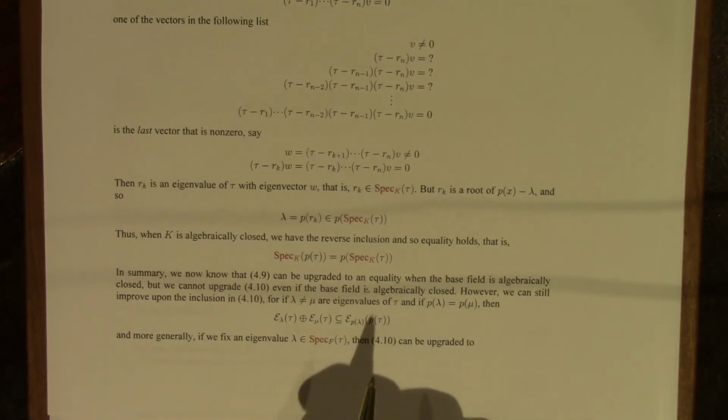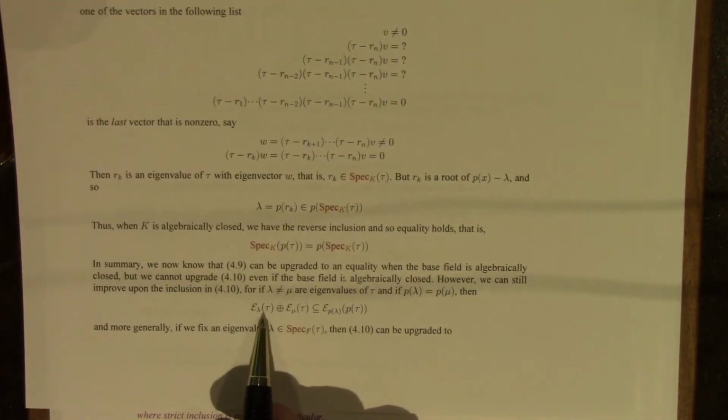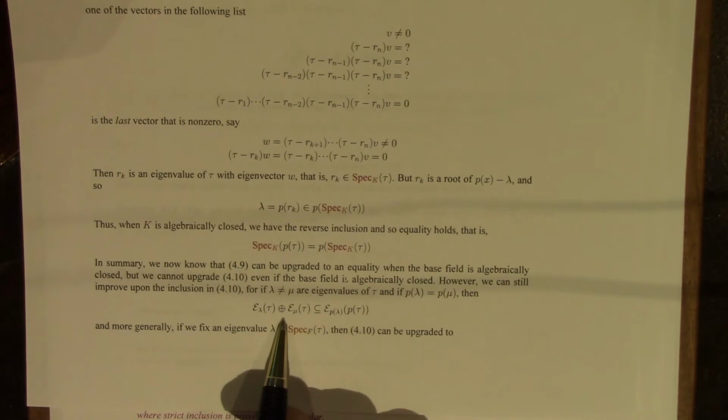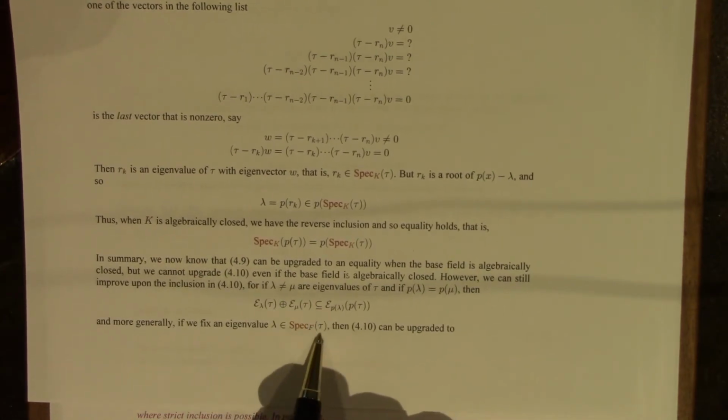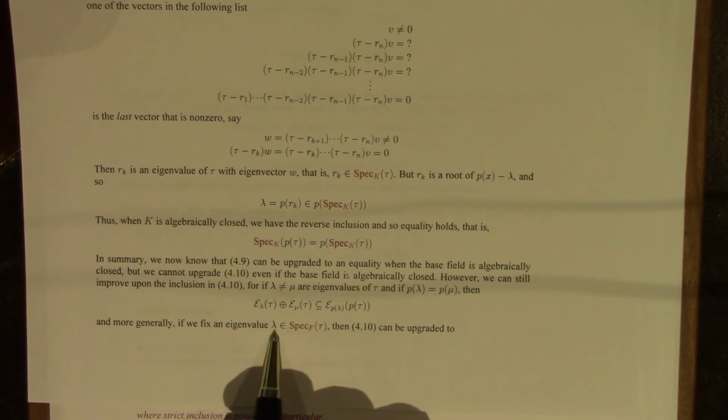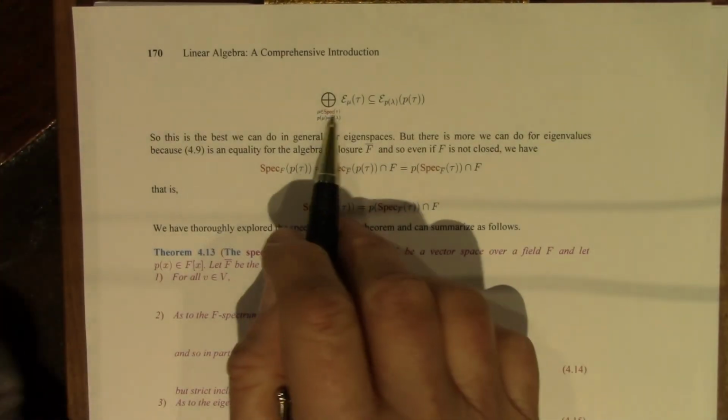And more generally, if we have an eigenvalue of tau, then this would apply to all the eigenvalues that have the same p of x value as lambda. So we get an inclusion that looks like this.